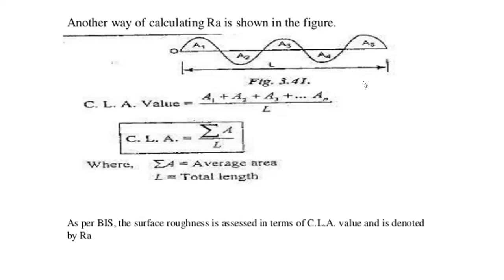As per the BIS, that is the Bureau of Indian Standards, surface roughness is assessed in terms of CLA value, and it is denoted by the term RA. So it can be specified in terms of the RA value.